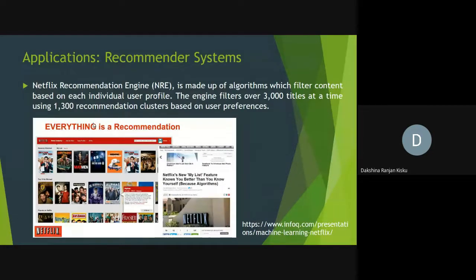If we consider machine learning systems, then at Netflix one such system is the recommender system. What is a recommender system? Netflix first designed a recommendation engine made up of algorithms that can filter content based on each individual user profile.